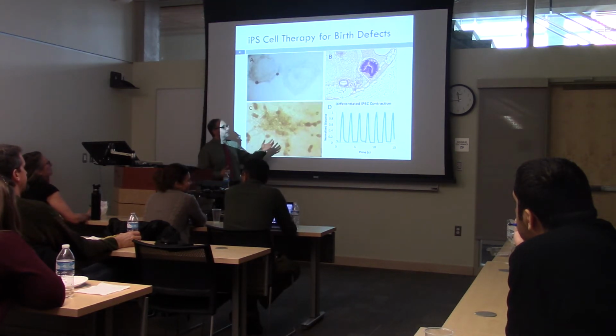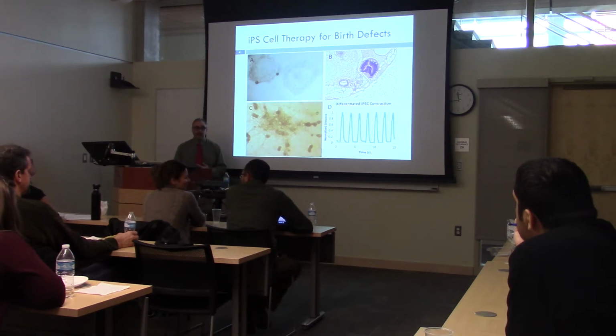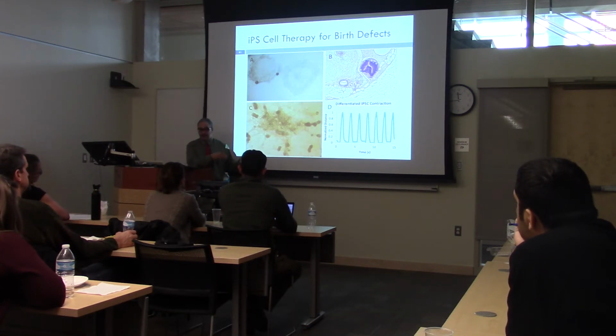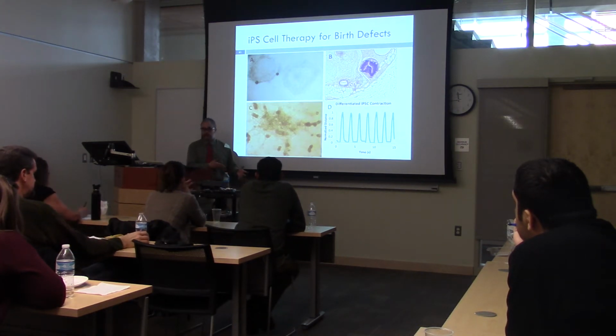I want to expand. We've studied these IPS cells, been able to make them, and are now looking at IPS cells from known cardiac defects, made from fetal amniotic fluid stem cells from fetuses with known cardiac defects. And I think this really gives us the chance.